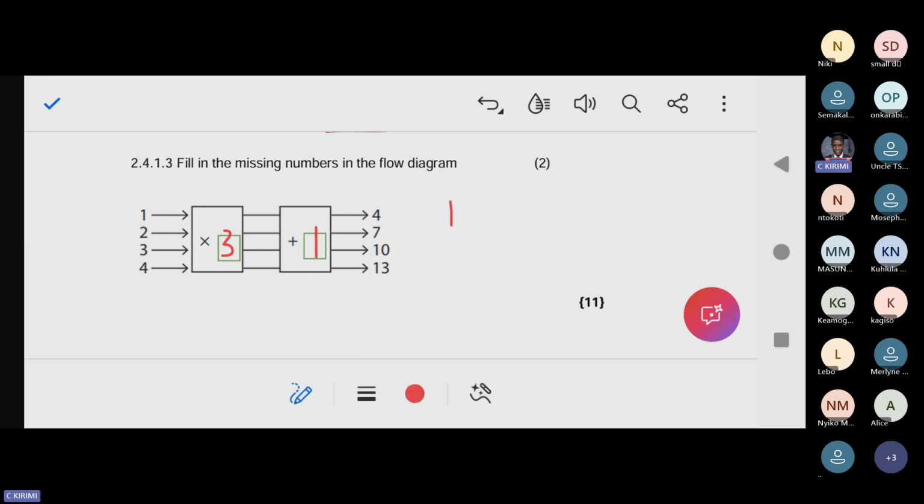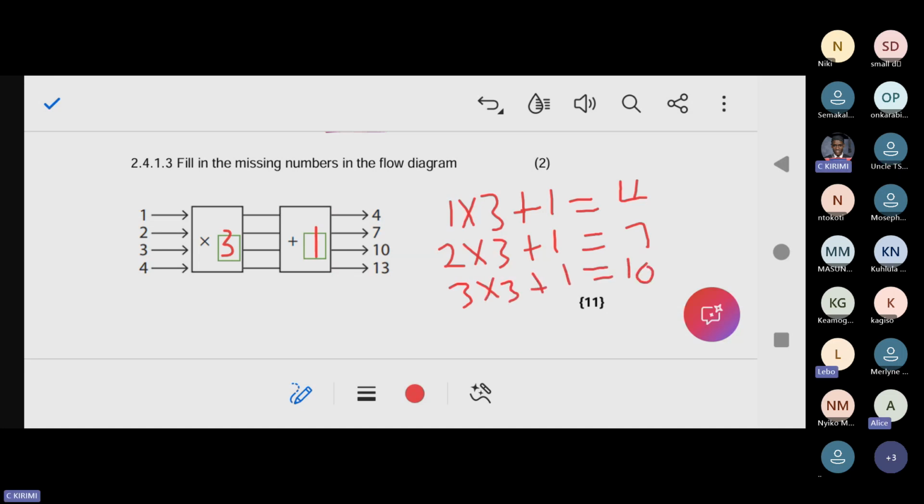For example, 2 times 3 plus 1 gives you 7. Then 3 times 3 plus 1 gives you 10.